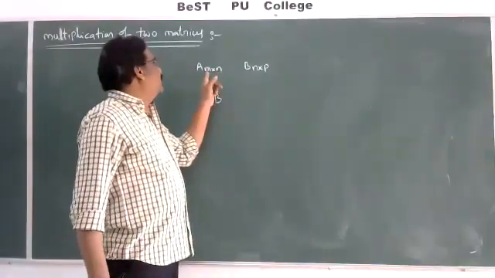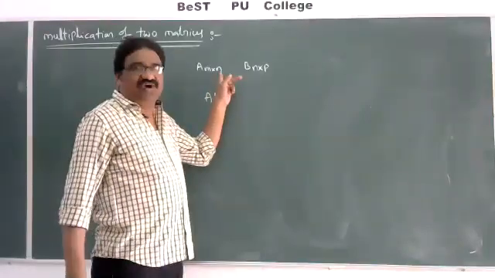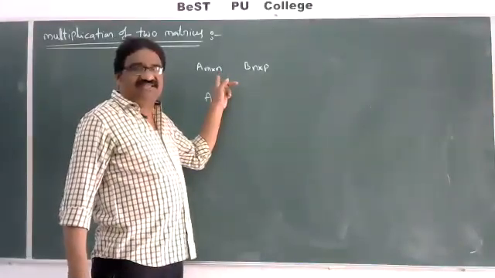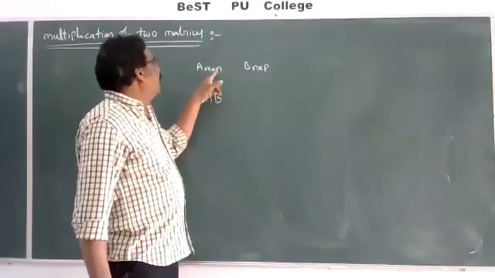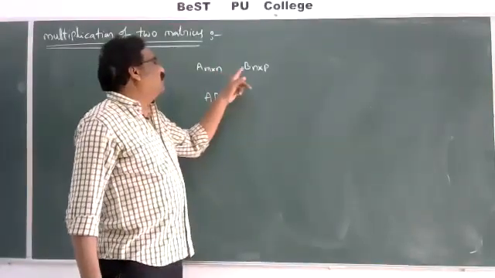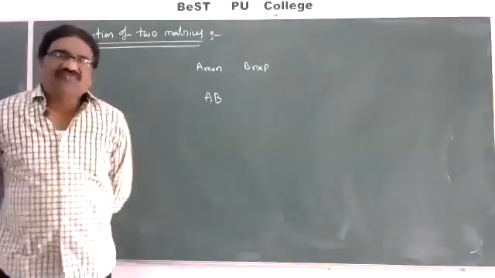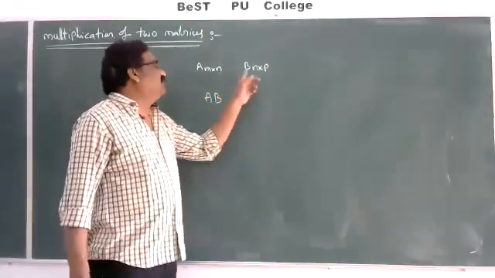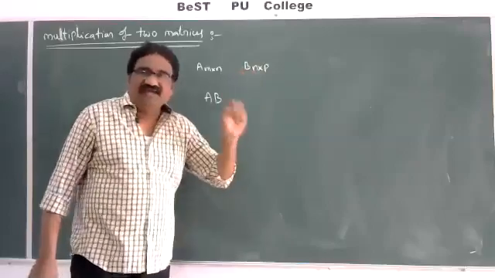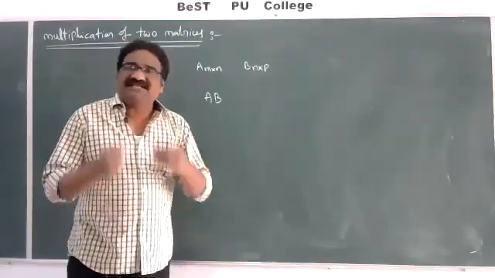Here m is the number of rows, n is the number of columns. This is the order of the matrix. That is, the number of columns of A is equal to the number of rows of B. Then the AB product exists.